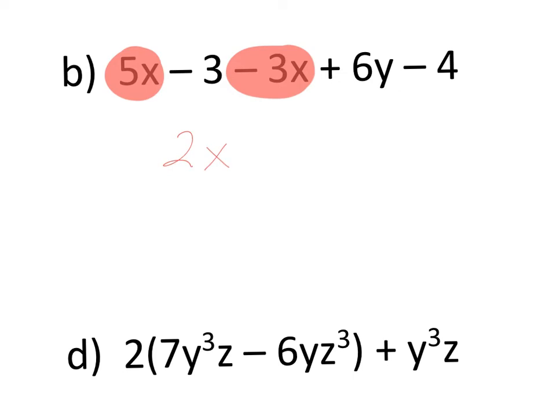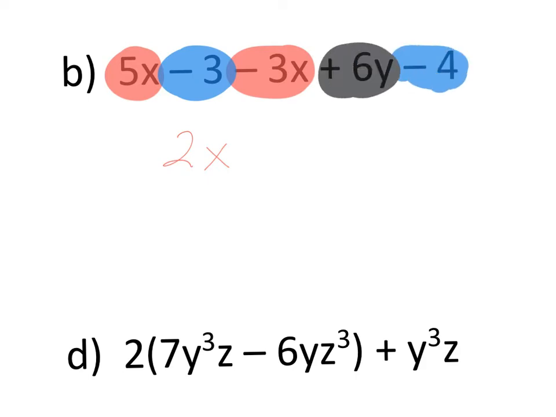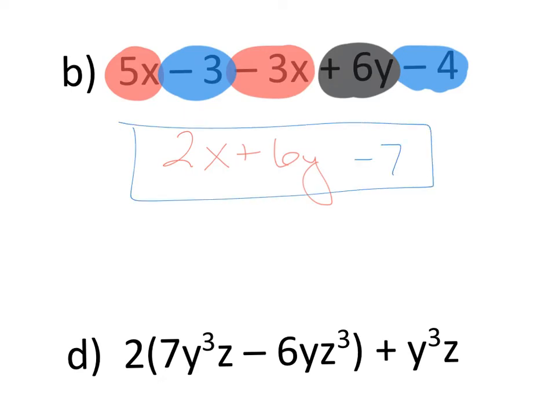I can combine the -3 and the -4. Now this poor little guy, this 6y, he doesn't have a buddy, so I'm just going to write down plus 6y. And then I'm going to put together the -3 and the -4. So -3 and -4 would be -7. And that right there is going to be my answer.